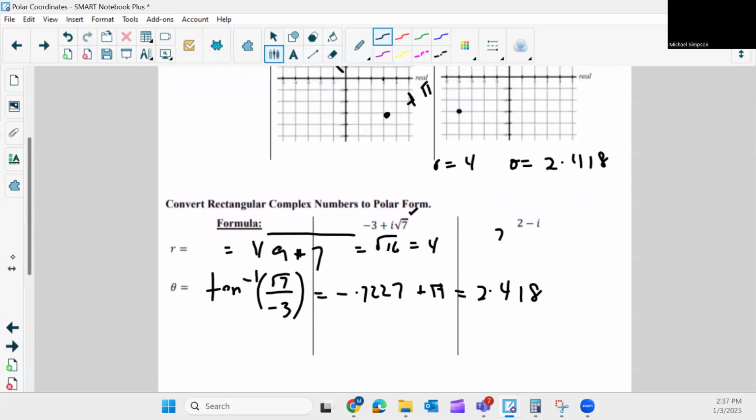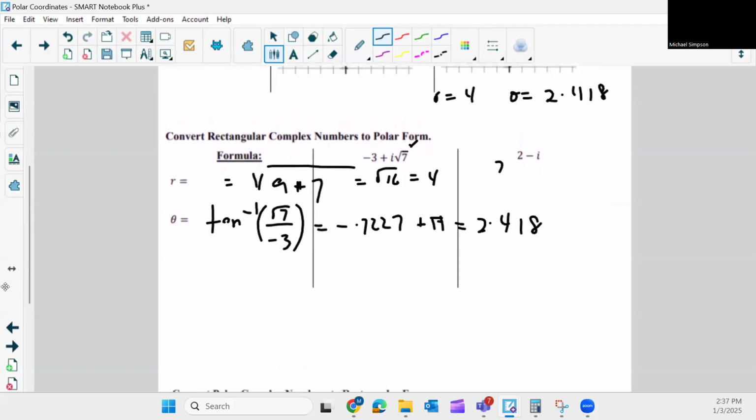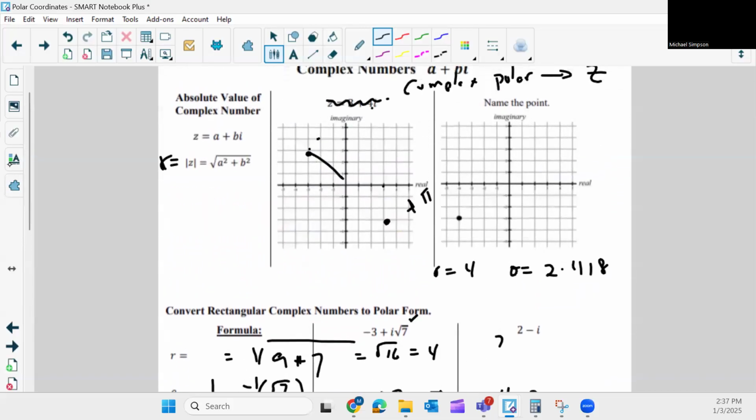Let's go back. The x and y values are what I want to get. But remember in polar form, x is equal to r cosine theta, and y is equal to r sine theta.